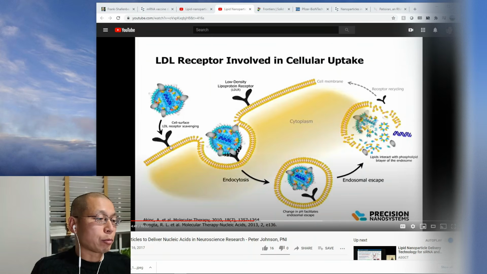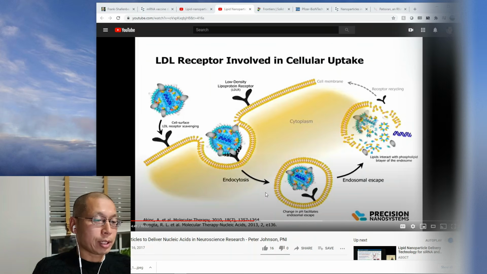So here's a slide from one of the lectures, and I'll link all these in the description. So what I found out is that these lipid nanoparticles actually simulate LDLs and HDLs. And so apolipoproteins will actually bind into them, and then LDL receptors or HDL receptors will cause receptor-mediated endocytosis.